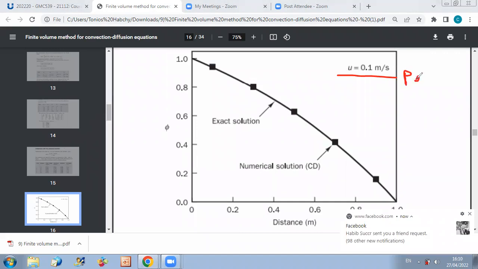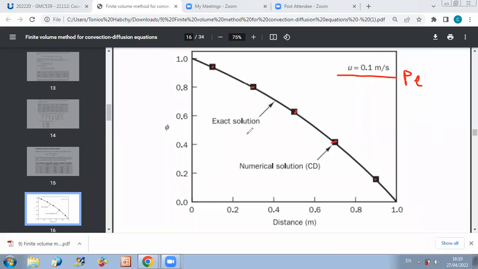The Peclet number, as we have seen last time, is like a ratio of convection over diffusion. So the larger the Peclet number, the more dominant the convection will be. For u equal to 0.1, we have a relatively small Peclet number, and this will explain the good performance of the central difference scheme.